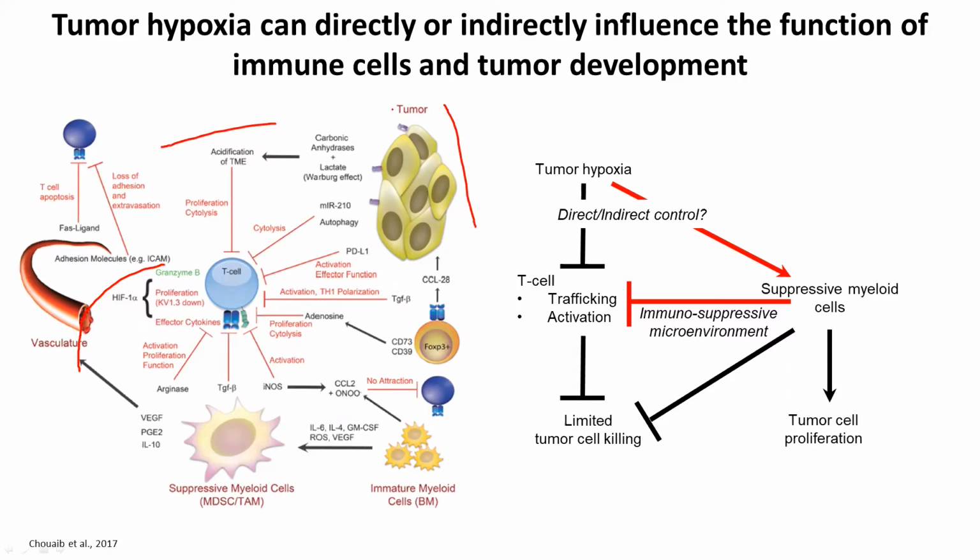Another possibility to inhibit the T-cell response is through interaction between T cells and suppressive myeloid cells, the MDSCs, or tumor-associated macrophages.